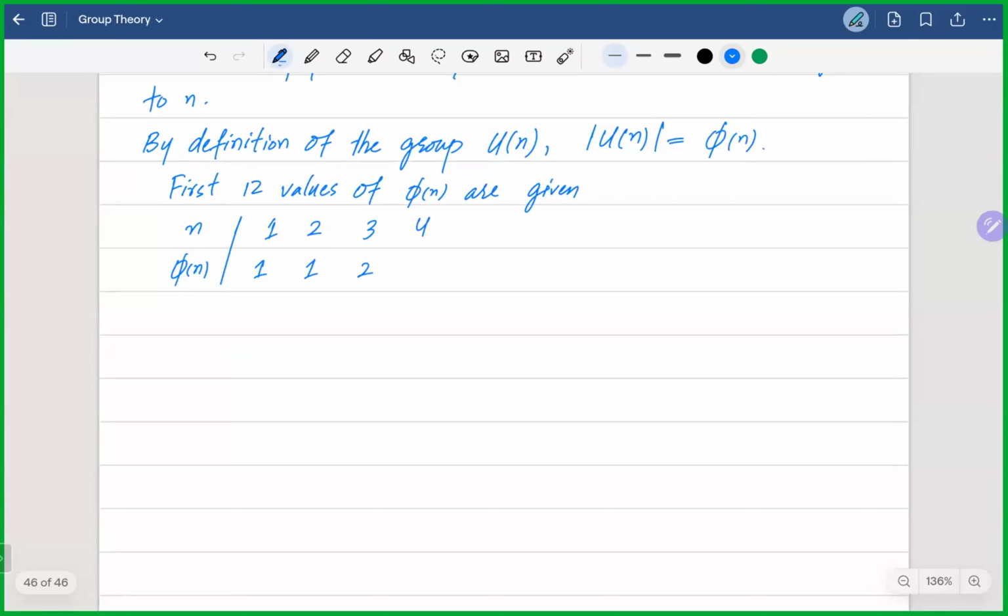Then 4 will have 2, again 1 and 3. 5 will have 4, again 1, 2, 3, 4. And then 6 will have 2. 7 will have 6. 8 will have 4. 9 will have 6. 10 has 4. 11 has 10. 12 has 4.